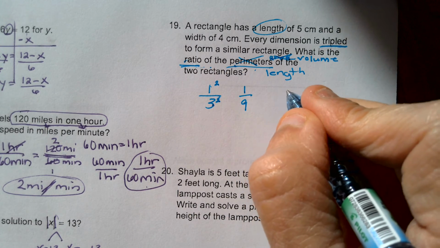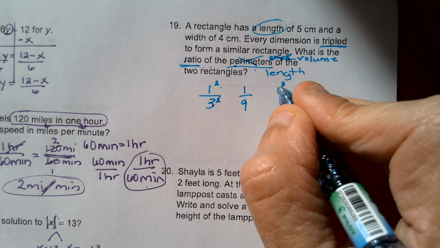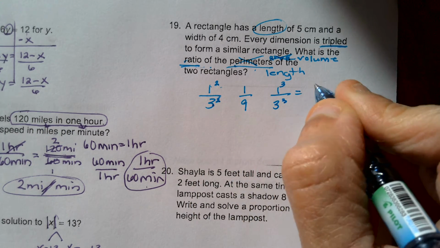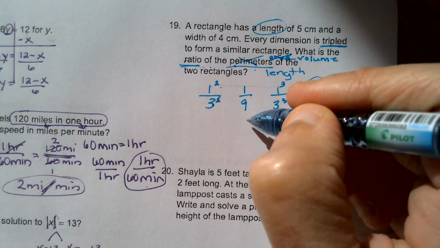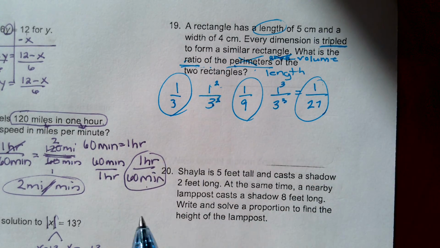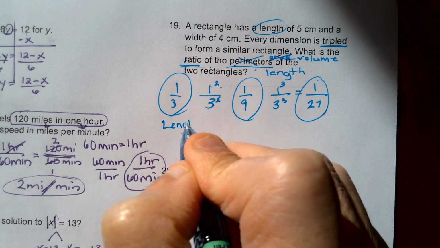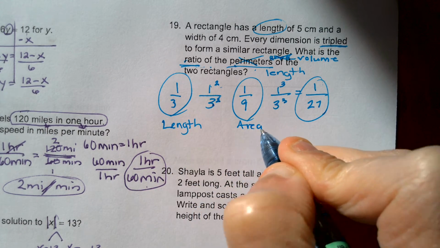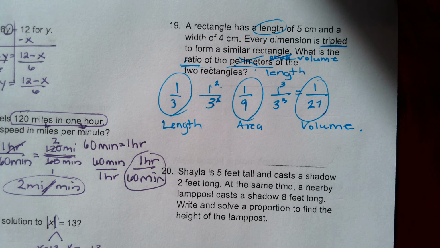We're talking about the ratios. 1 to 3 and 3 to 3. So there's volume, area, and then the original was the length. They're all just ratios. None of them represent the actual area, or the volume or the length.